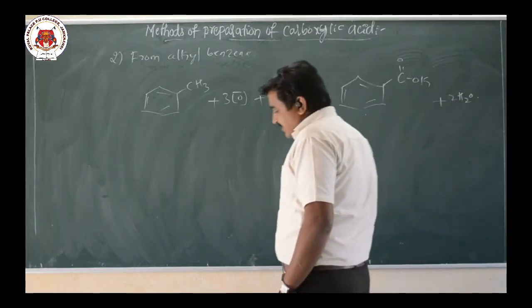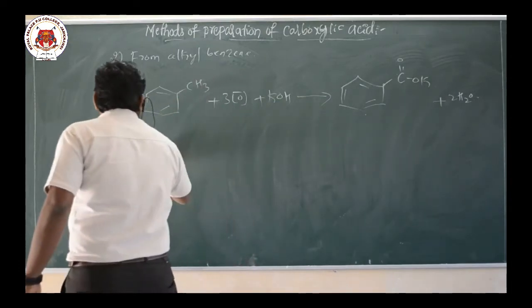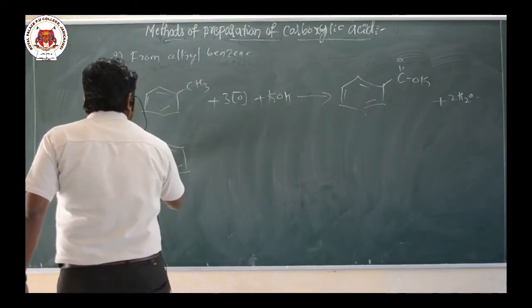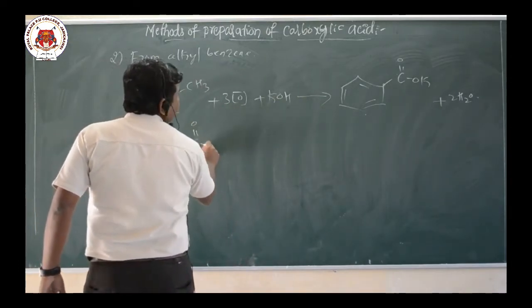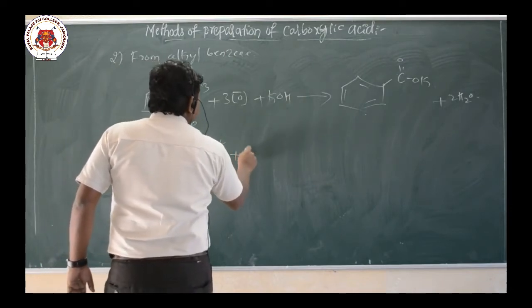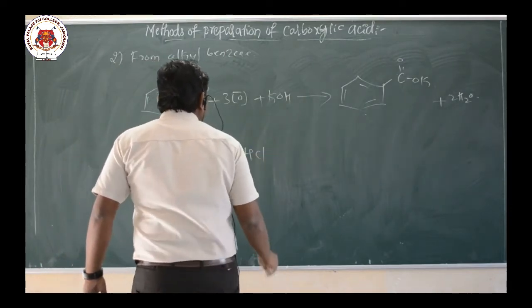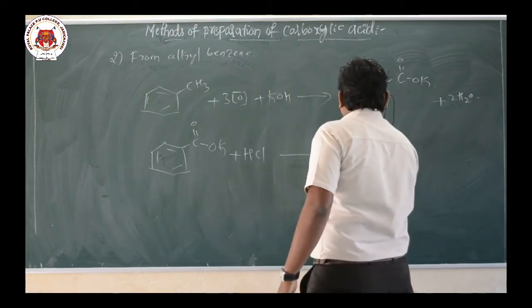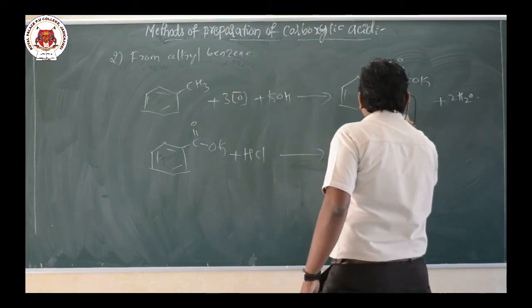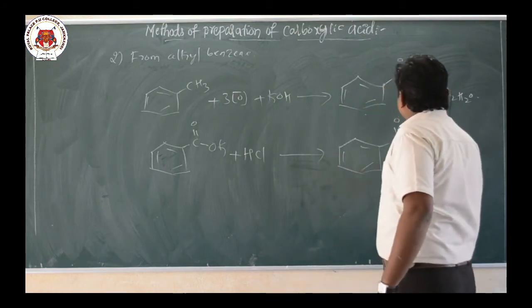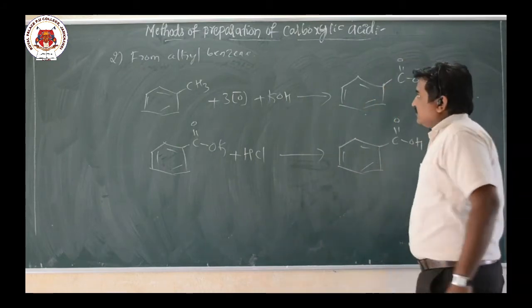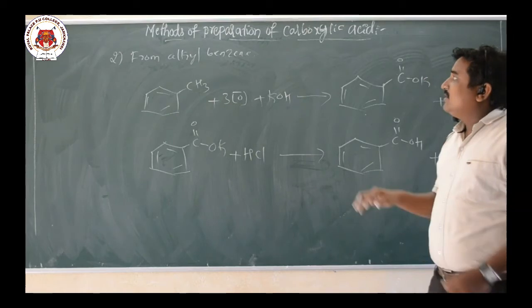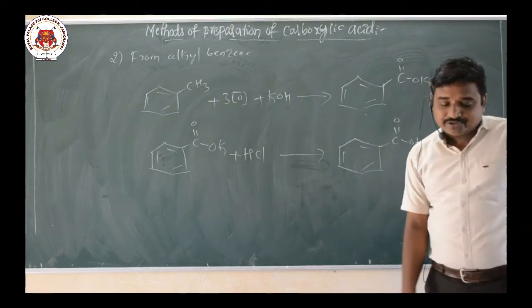So this intermediate product, on acidification, plus HCl, now here there is a formation of what here? Benzoic acid plus KCl. Okay. So this is the second method for the preparation of what here?